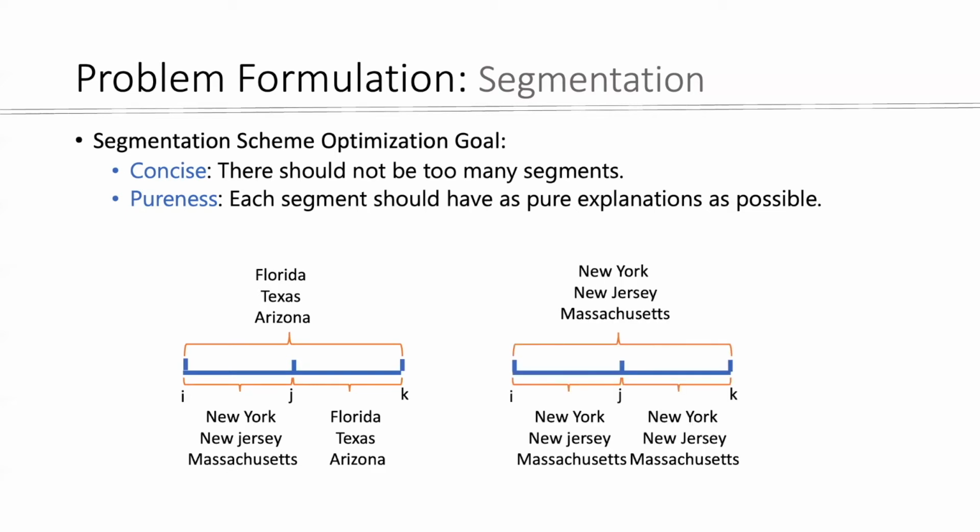In contrast, for the right one, the overall and the two small segments' explanations are all New York, New Jersey, and Massachusetts. This large one is very consistent with the small ones. Thus, we would prefer the right one, and we think the right segmentation has pure explanations.